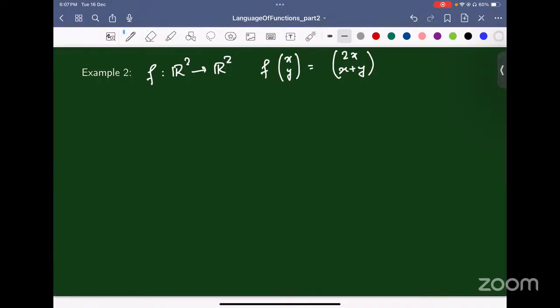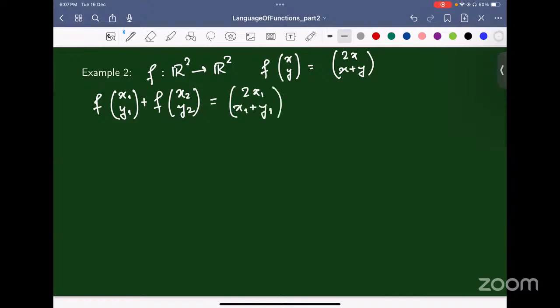All right, so suppose I pick two elements in R2, (x1, y1) and (x2, y2). And I apply f to these and I add them up. What I would get is (2x1, x1 plus y1) plus (2x2, x2 plus y2), which adds up to 2 times (x1 plus x2), and this one I can write as (x1 plus y1) plus (x2 plus y2).